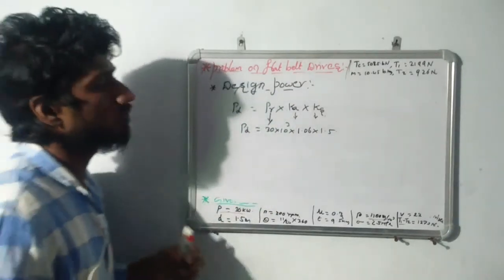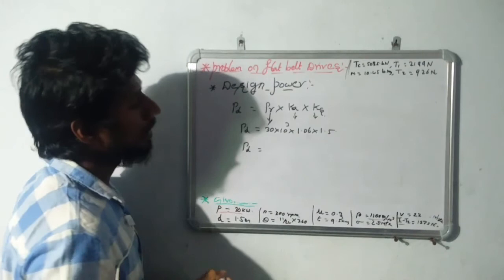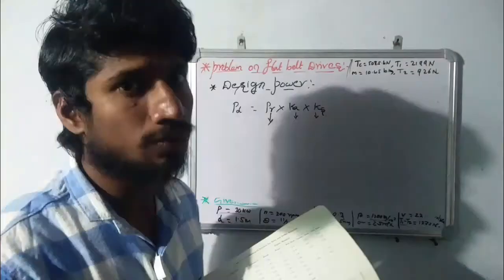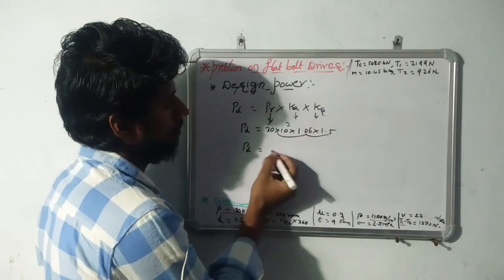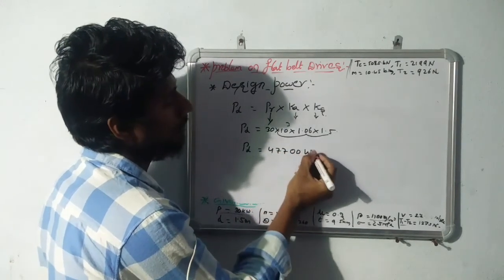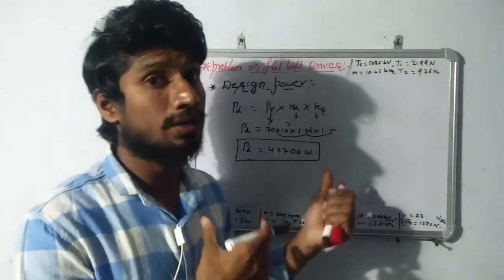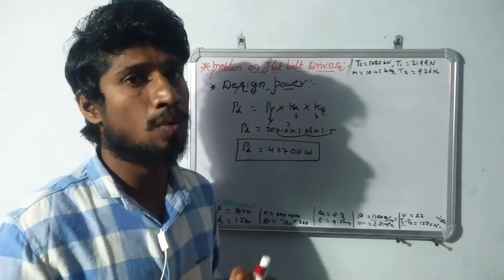By simplifying this, finally we get the design power of the belt drive, which is equal to 47700 watts. This is the design power for the requirements given in the problem.